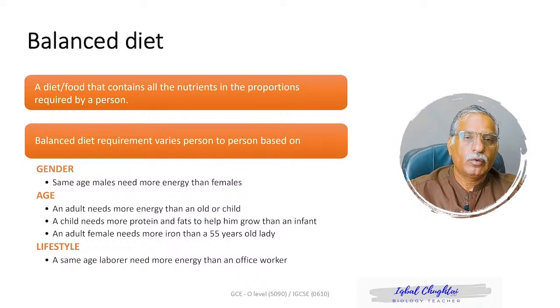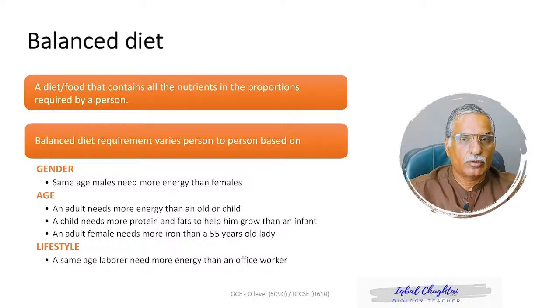And if we go with the gender, a 25 years old female would need less energy compared to a 25 years old male, because males are more mobile, more active, so they need more energy compared to females. You can yourself see that the playgrounds, like football ground, hockey ground, or even cricket ground that are set for female players, are smaller compared to the ones set for male players.